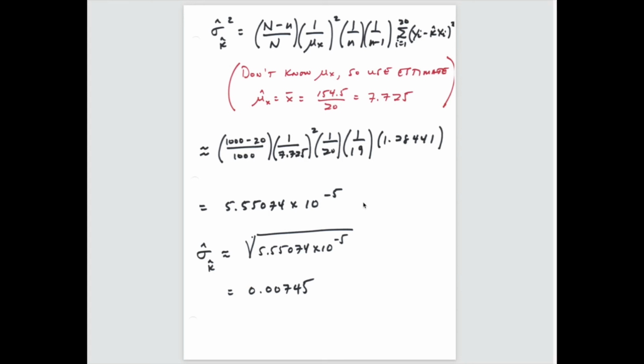We need the estimated standard error of k hat, and that's just given by the square root of this quantity here. When we take the square root of 5.55074 times 10 to the minus fifth, we get 0.00745, or 7.45 times 10 to the minus third.